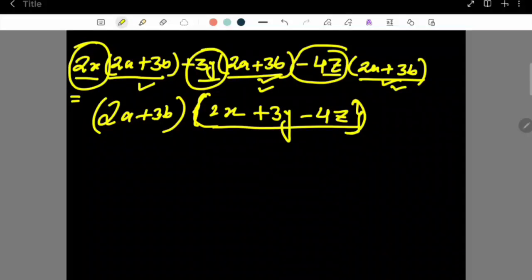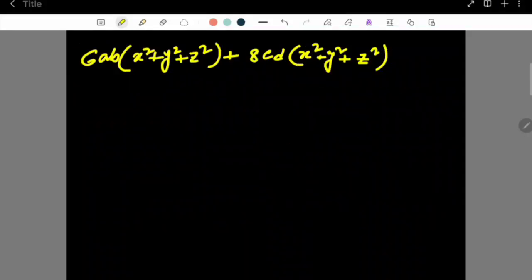Let's see another type. This is like the previous one; here also this bracket part is the same. But along with it, there are 8 and 6 outside. Check here, this bracket part is obviously matching and getting common.